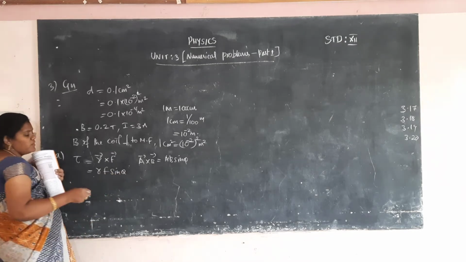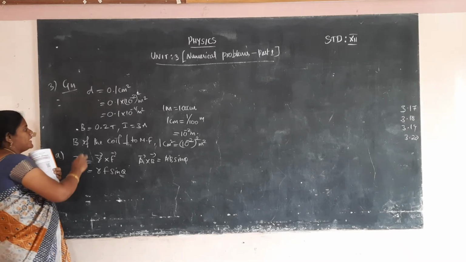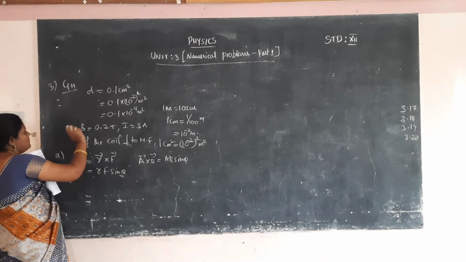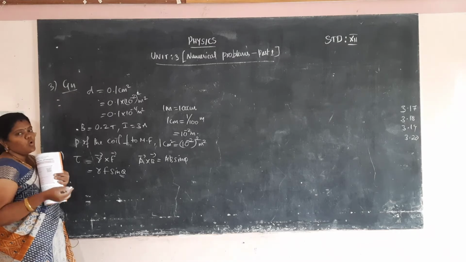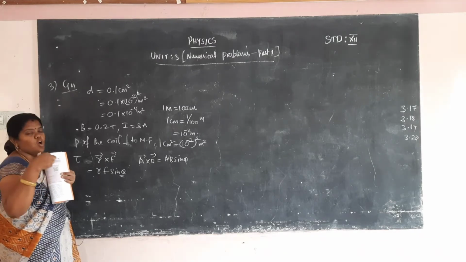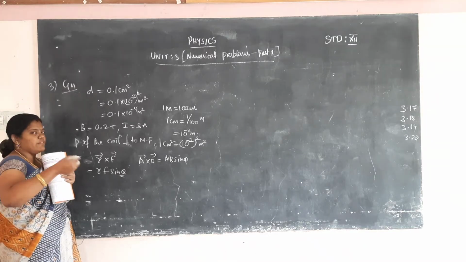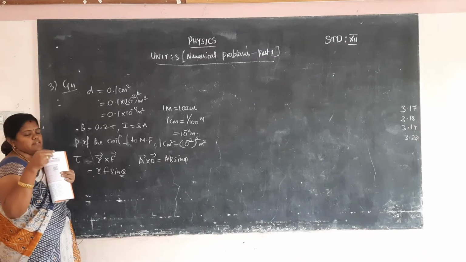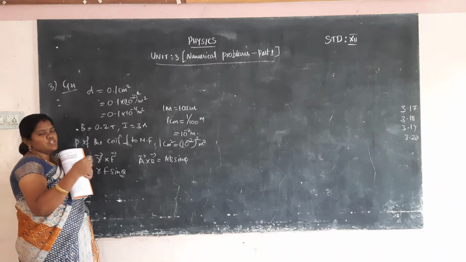Clear? The theta value is not given in this problem. How to solve that? When the plane of the coil is perpendicular to the magnetic field, the force applied on the coil is along the direction of position.